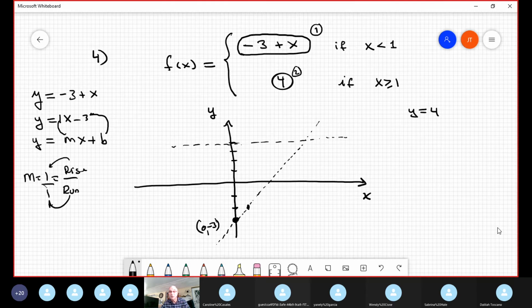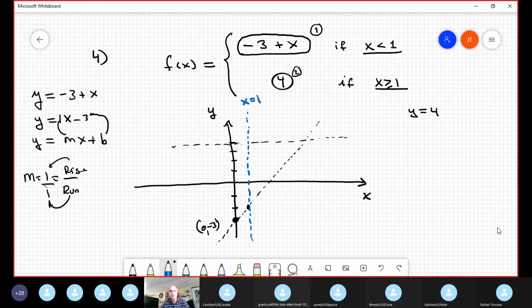Therefore, it's extremely important that the transition point is at 1. I'm using another color. In 1, we have a dotted vertical line that splits the plane into parts. This is x equals 1.